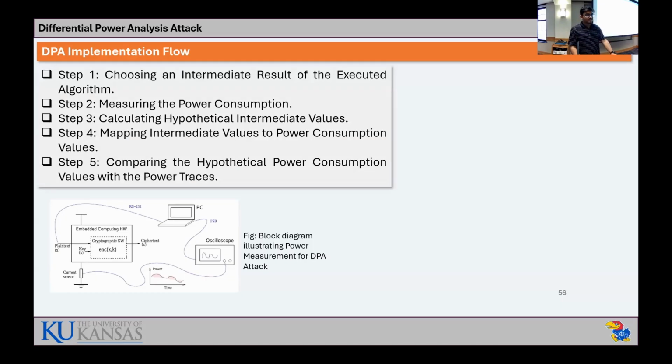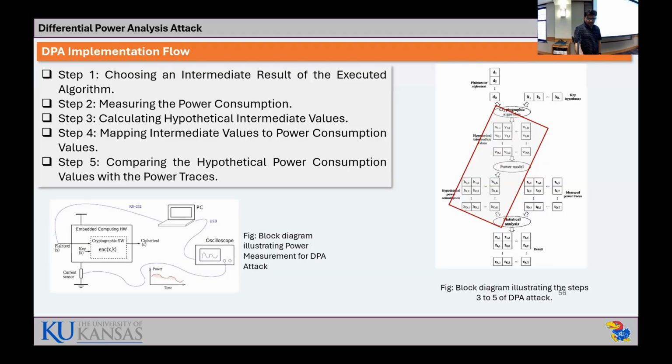Then you'll apply the same inputs to the real hardware and you'll get the power trace. See, the plain text, can I see it from the back? It's a little bit tiny here, but this is the plain text. We are not changing any plain text.